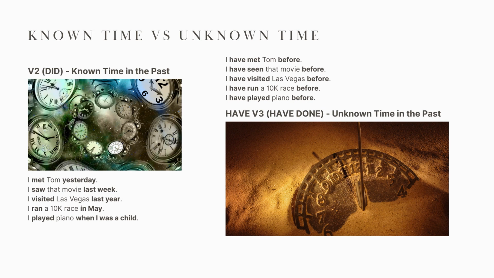Okay, let's look first at the past simple. The past simple is used to describe an action or an activity that happened and was completed in the past at a known time, at a specific time. That is the key thing.